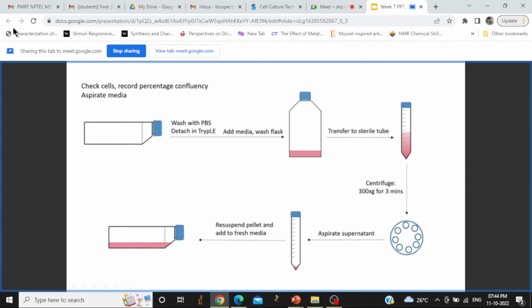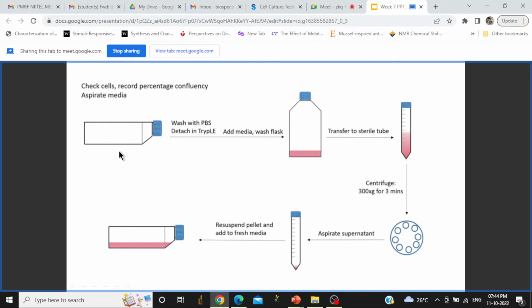So to remove the cells, you have to use a proteolytic enzyme which digests the extracellular matrix, and because of the digestion of the ECM, the cells will be detached from the surface.